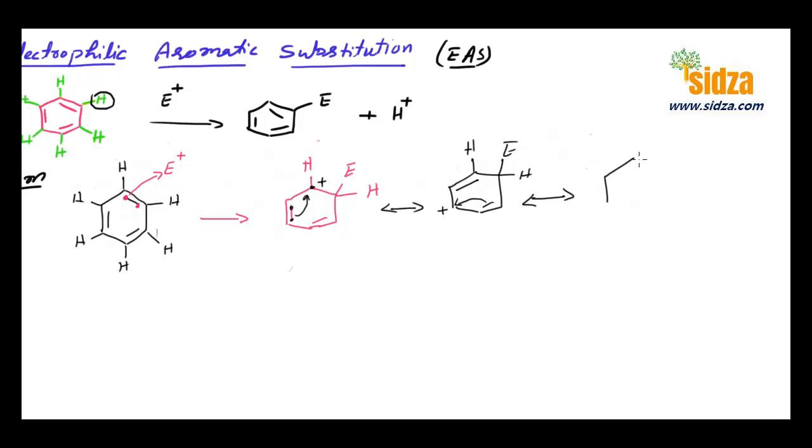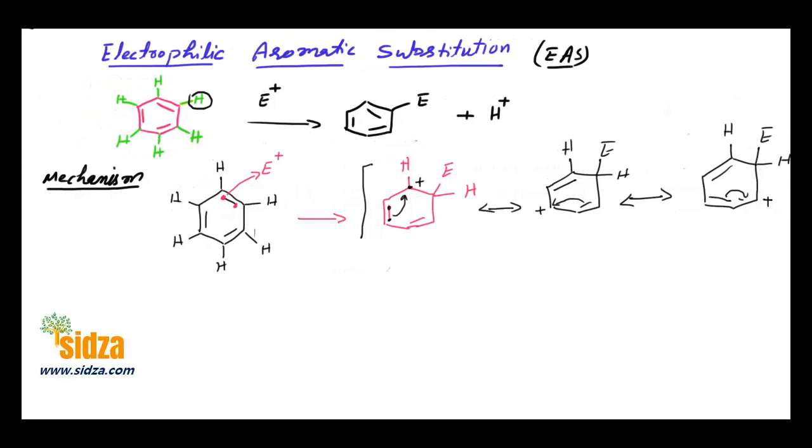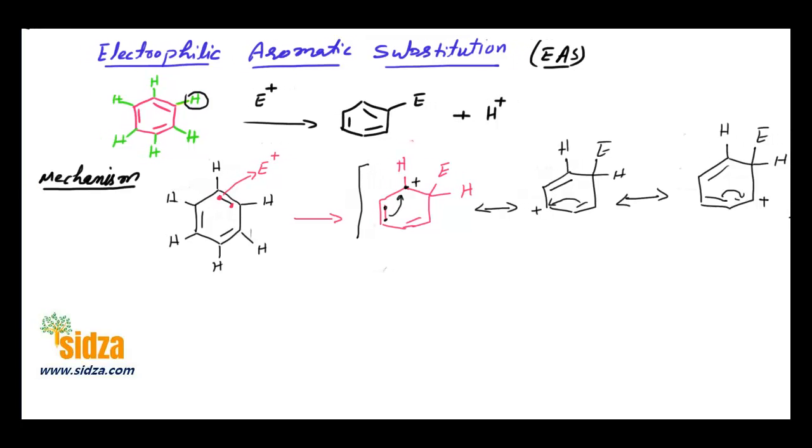It will be delocalized, and therefore you get a double bond here, and now this is the positively charged carbocation, and here is an electrophile. You can see a hydrogen, and here we have a hydrogen. These are the different canonical structures. This can go back and forth, you get this one, and this goes back into the first one. So these are basically the different resonating structures of this carbocation that you get after the attack of an electrophile. This is the first step in the electrophilic aromatic substitution reaction.